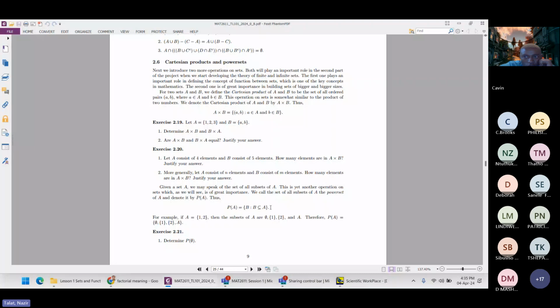So, for instance, we can define the power set of A. If A is the set {1, 2}, then all possible subsets are the empty set, {1}, {2}, and {1, 2} itself, because {1, 2} is also a subset of the set {1, 2}. So the power set of A contains the empty set, {1}, {2}, and {1, 2}.